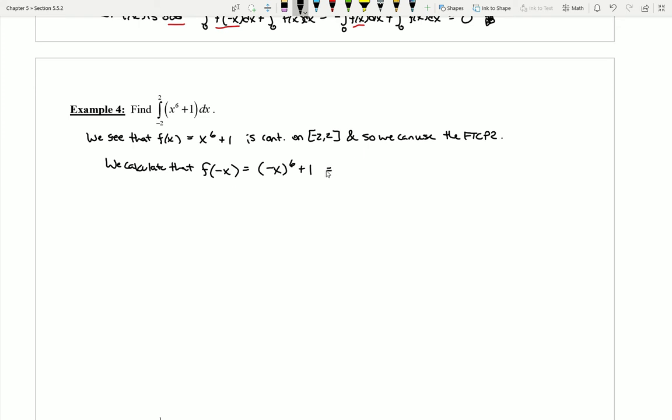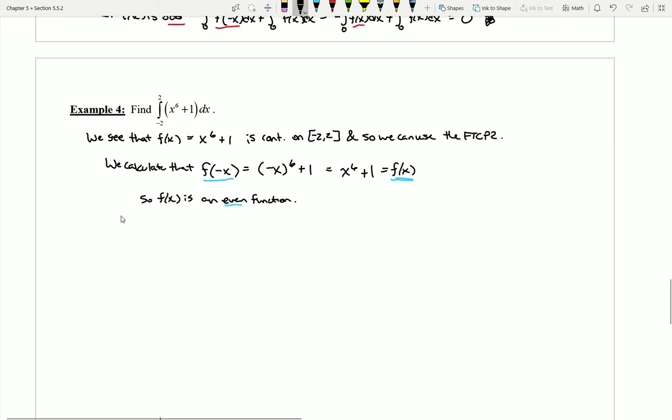I can go ahead and see here that if I take a negative times an x and raise it to the 6th power, I'm just going to get positive x to the 6th plus 1. And so this spits back the original function. f of -x is the same as f of x. And so f of x is an even function. Okay, it's an even function.